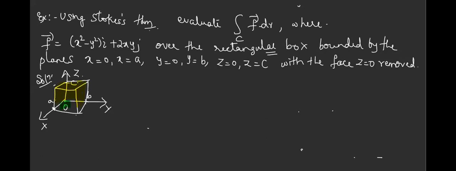Isn't it this part, a triangle? Oh, sorry, a rectangle. Am I right? So just imagine, this is the upper part, which is the surface, and this is the lower part, which is the C. This is my S and this is my C.